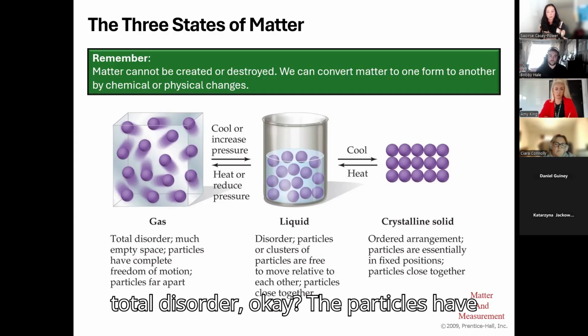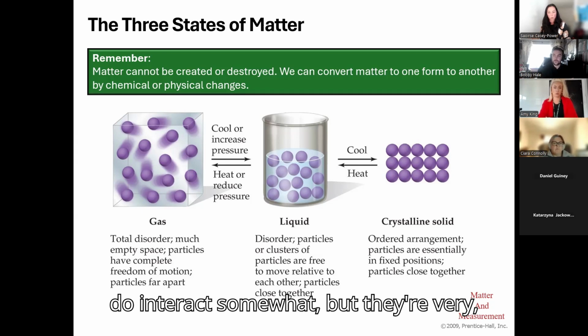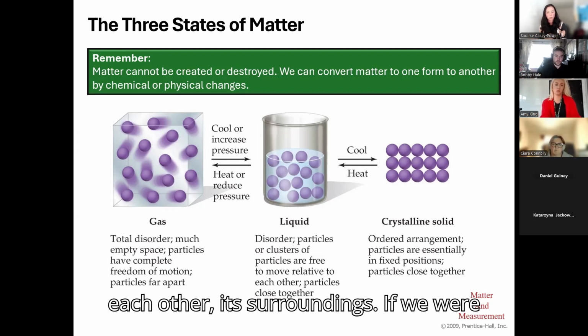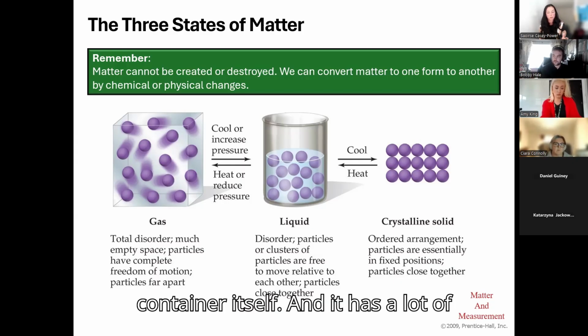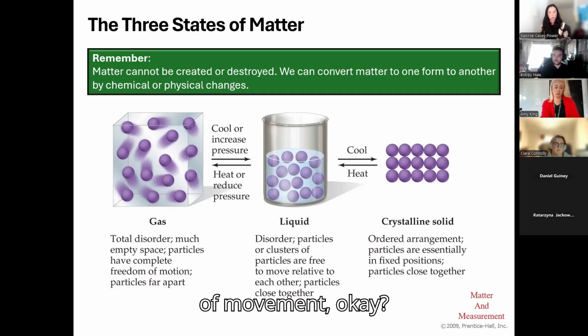The particles have complete range of motion. They still do interact somewhat, but they're very, very far apart. So they can collide with each other and their surroundings. If we were to trap the gas in a container, it would collide with the surfaces of the container itself. And it has a lot more empty space and a lot of free range of movement.